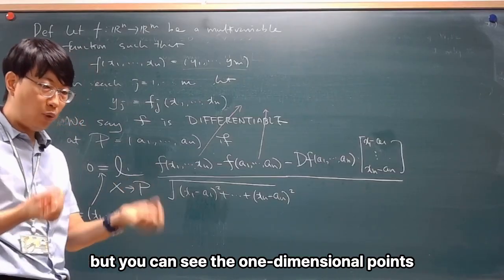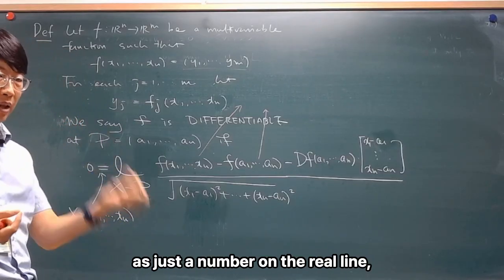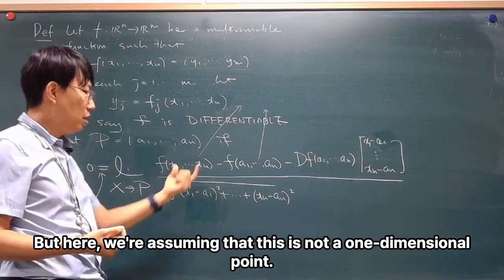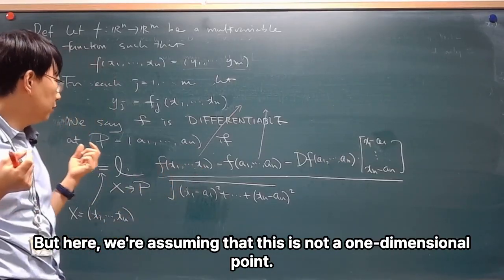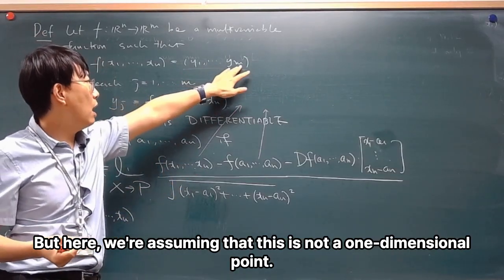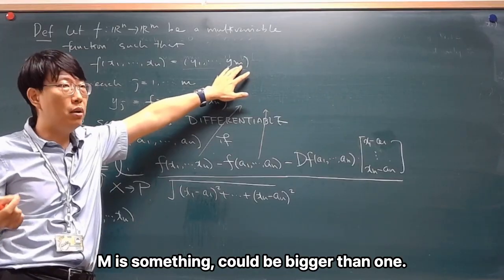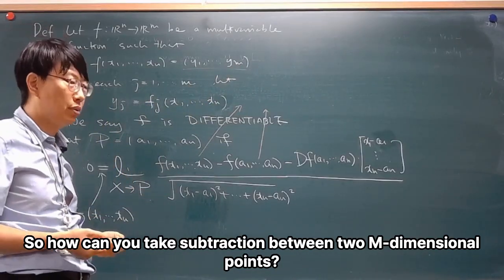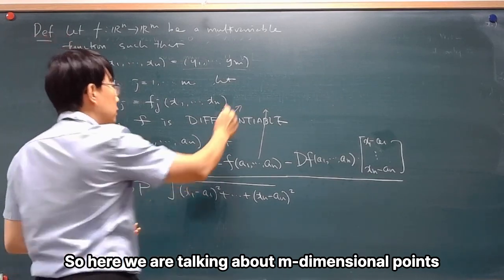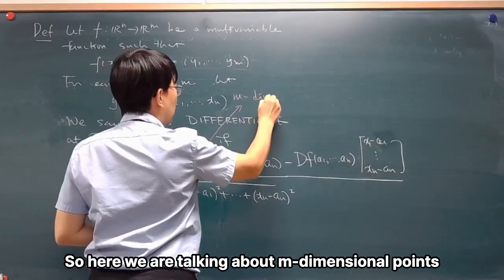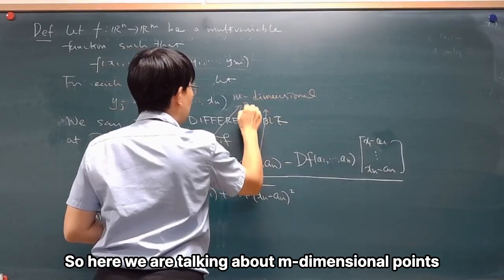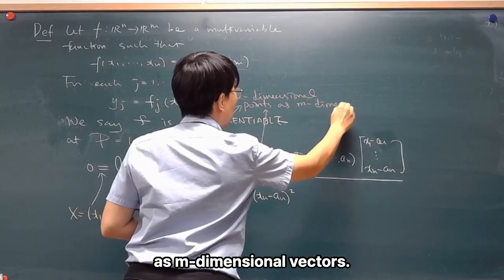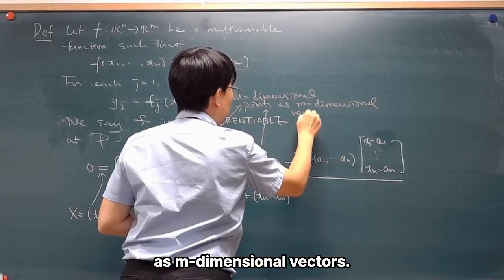But you can see the one-dimensional points as just numbers on a real line, so you can subtract two numbers. But here, we're assuming that this is not a one-dimensional point. m could be bigger than 1. So how can you take subtraction between two m-dimensional points? Here we are talking about m-dimensional points as m-dimensional vectors.